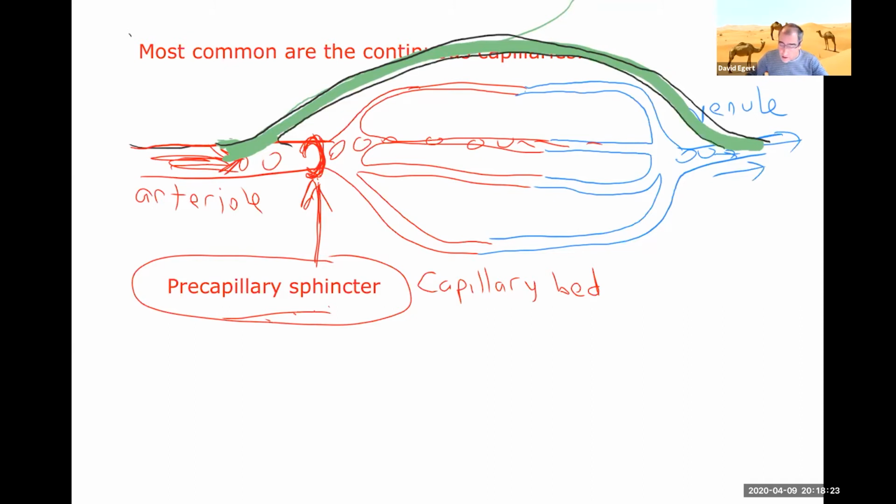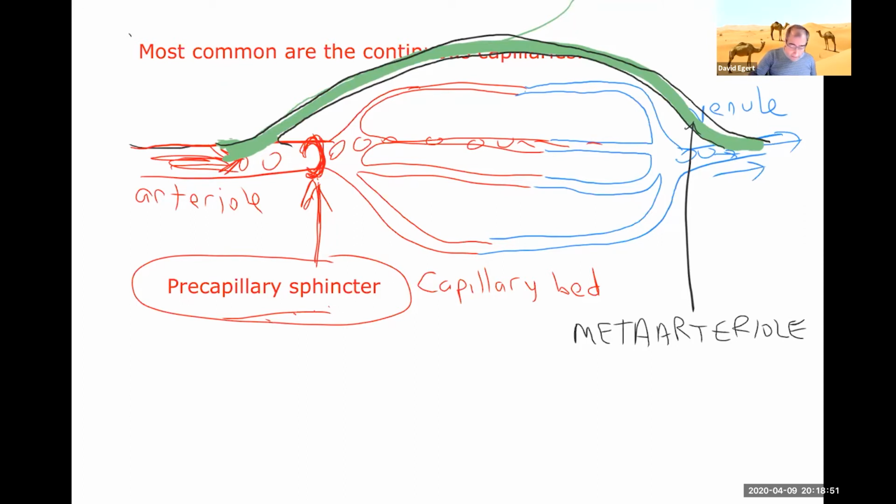This is about bypassing the capillary bed so there's some minimal flow from one side to the other. This is called a metarteriole. So even if the capillary bed is closed, there's still going to be some flow from one side to the other.